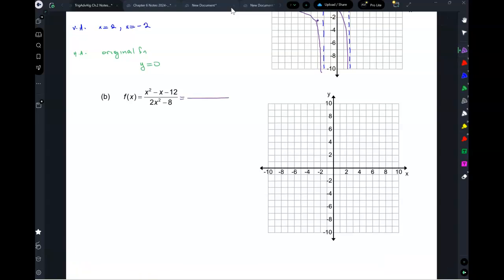Okay, I want to factor this one. How does this factor? It's x minus 4, x plus 3. This one, if I factor out a 2, x squared minus 4, so it'll be 2, x minus 2, x plus 2.